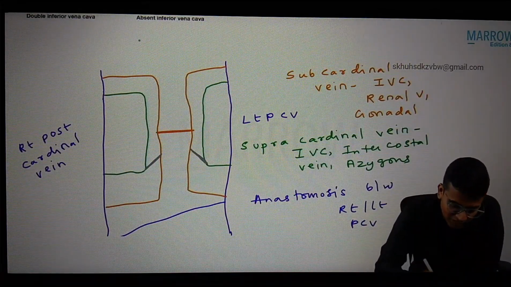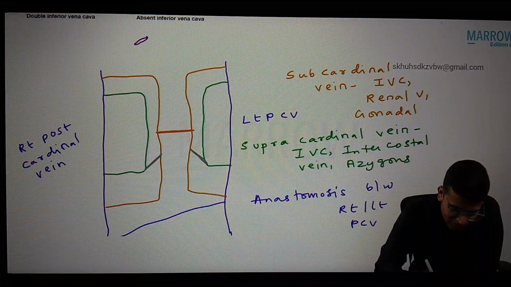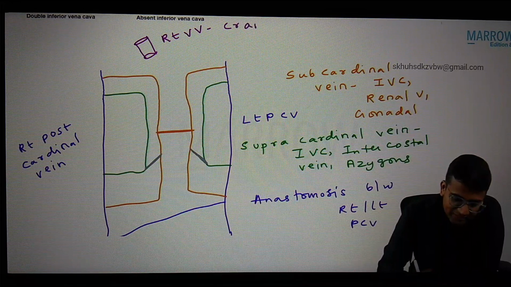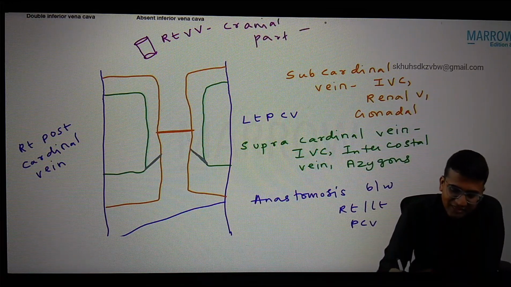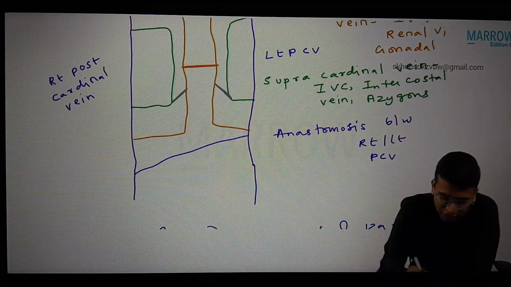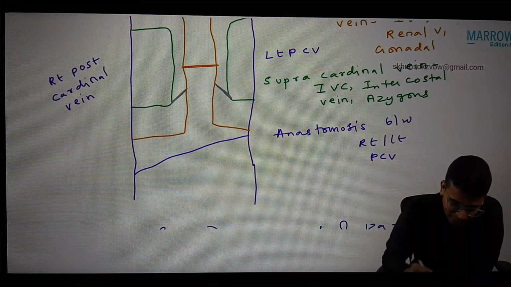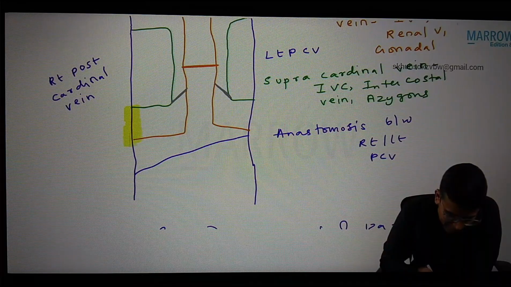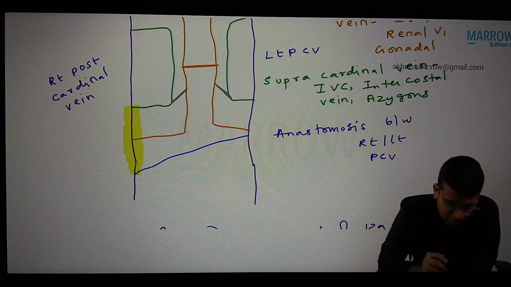So now I am drawing this diagram. Now that is our right vitelline vein, cranial part. That is going to form the cranial part of IVC. Okay. So now we're going to highlight in yellow color. Now this one. That is our right posterior cardinal vein.